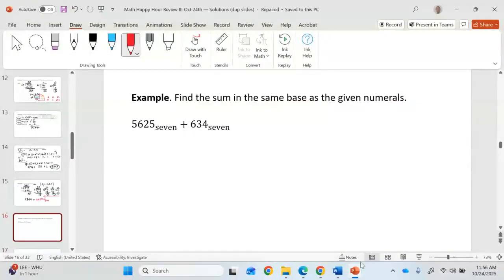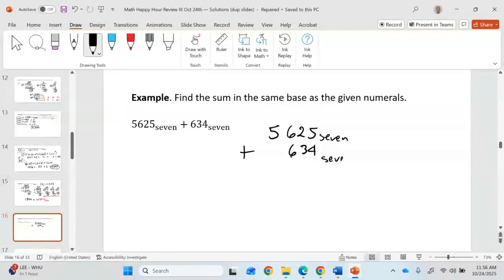Okay, so to do sums in different bases, I have 5,625 plus 634, and they're both in base 7. So I'm going to add them like regular addition, and then I have to convert it into the base. So 5 plus 4 is actually 9, but in base 7, 9 is actually a 1 and a 2.